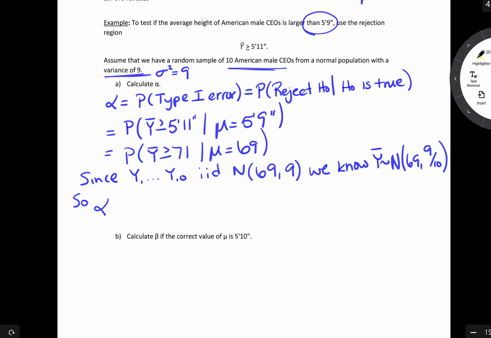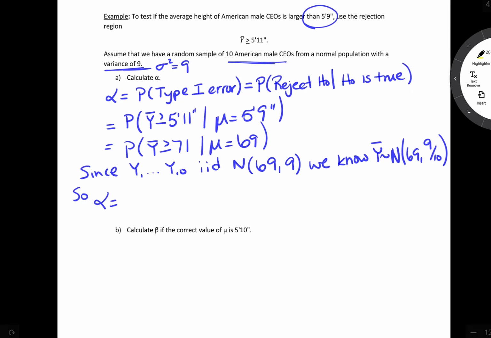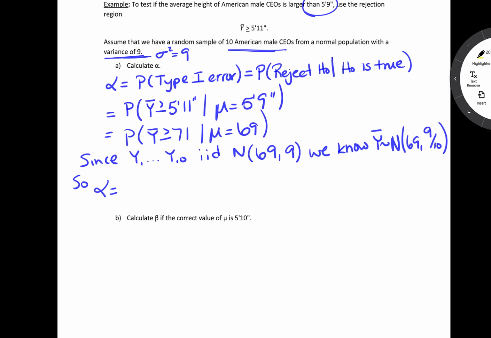So notice here that alpha, which is again equal to the probability that y bar is greater than or equal to 71, given that mu is equal to 69, well, what we can now do is convert this over to a standard normal to find those probabilities. So what we're going to do is convert this by taking y bar minus 69 divided by the square root of 9 divided by 10.